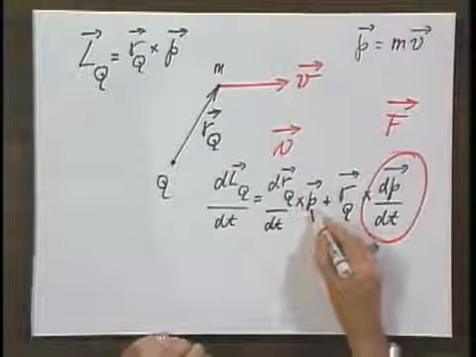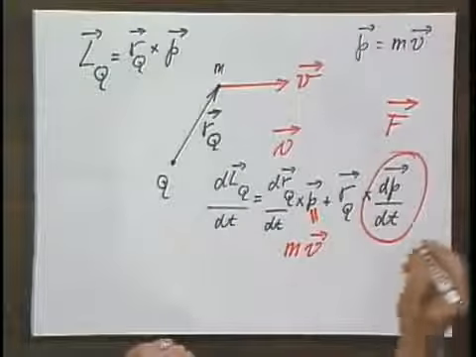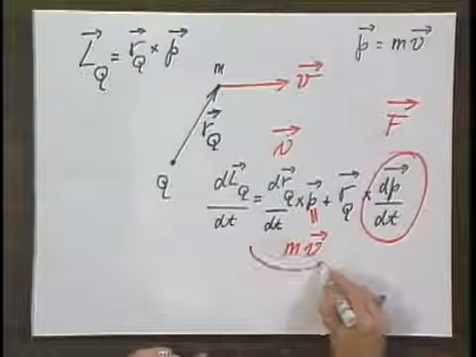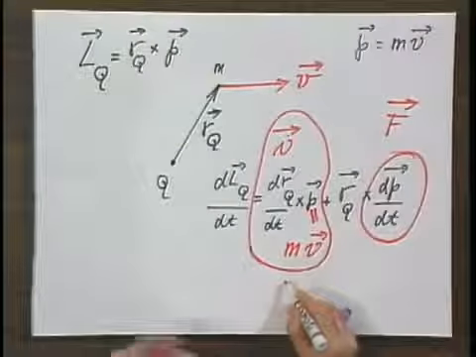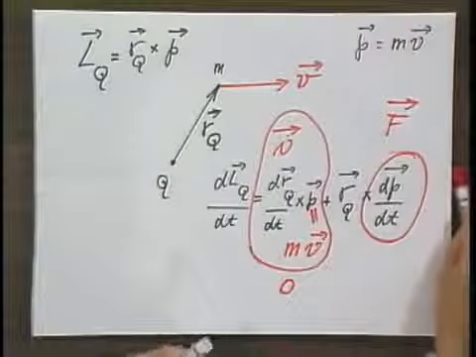But p equals mv. So the cross product between the vector v and mv must always be 0, because they are in the same direction. Theta is 0, and so the sine of theta is 0.